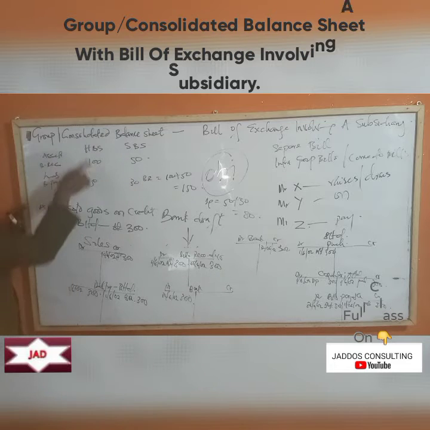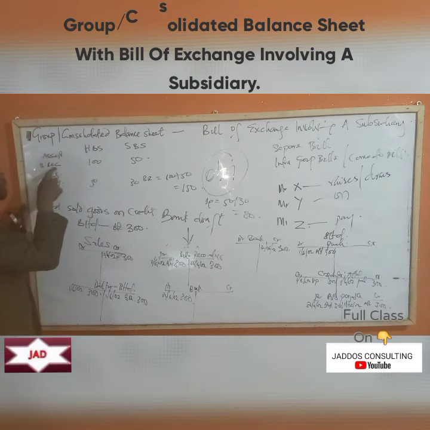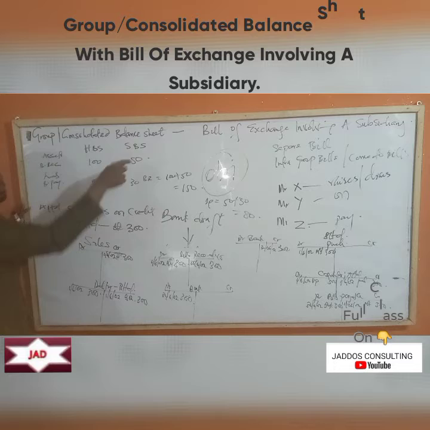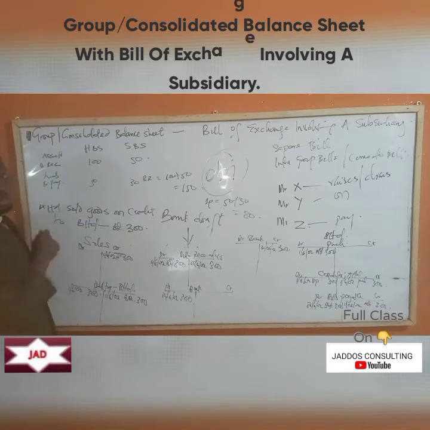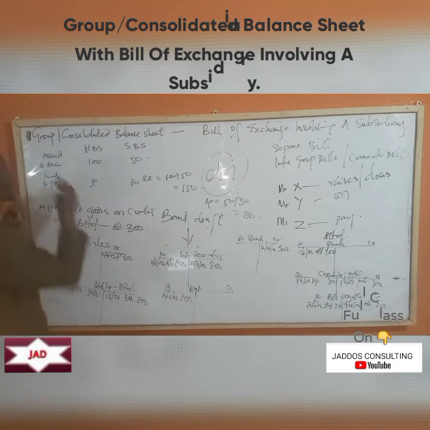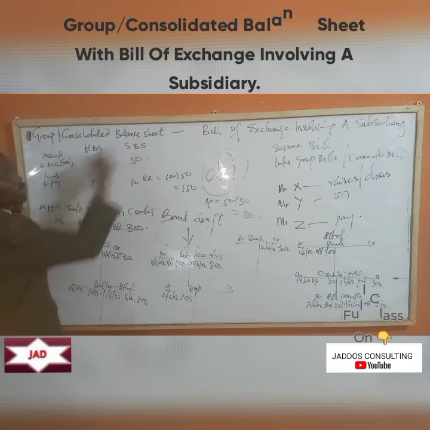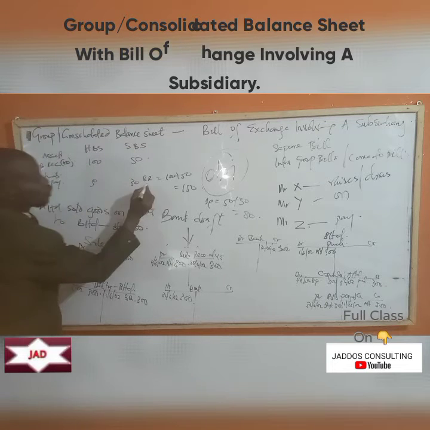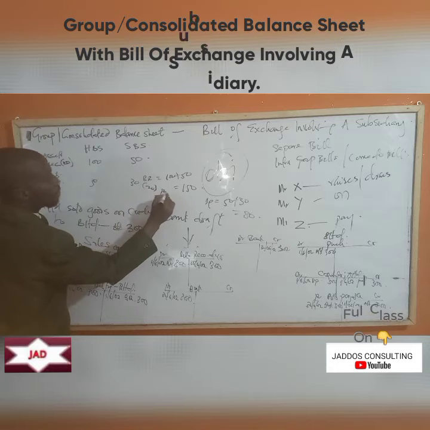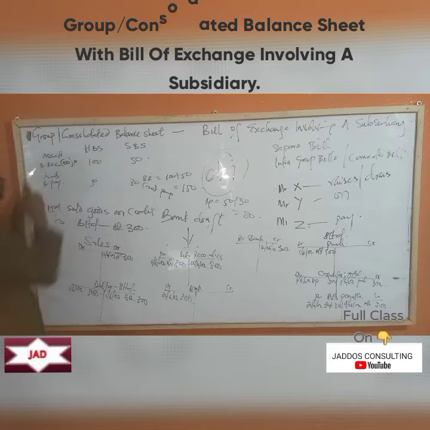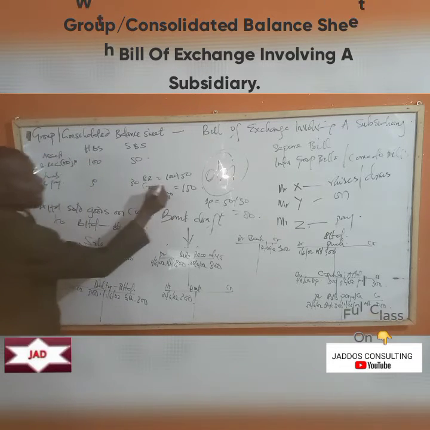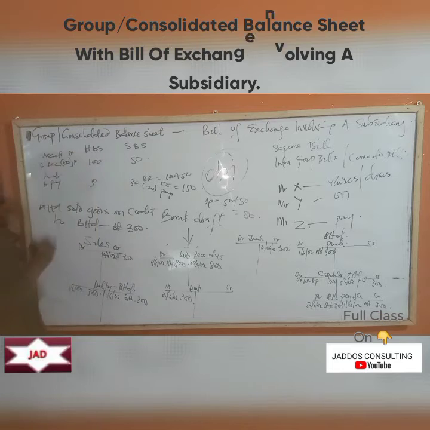So of course, don't forget that if one is receiving, the other is paying. So if the holding company has 20 receivable from the subsidiary, then 20 will be payable to the holding company in this 30. So there's a credit here, there's a debit here.